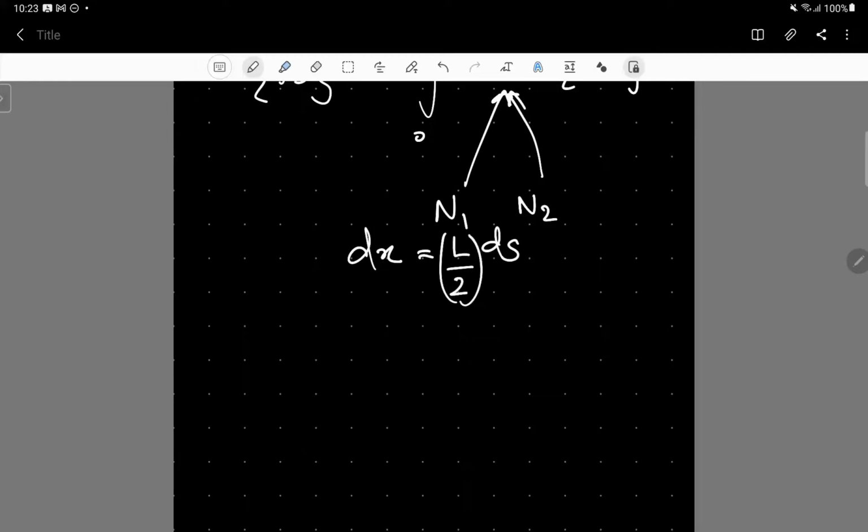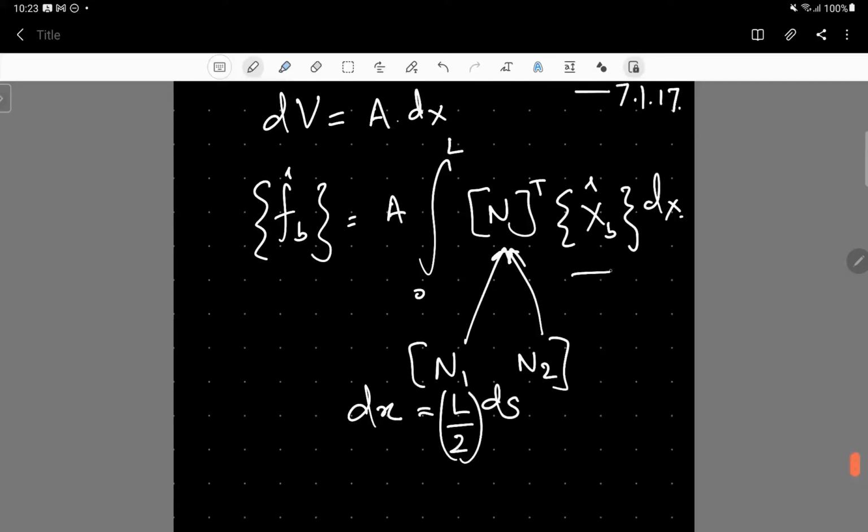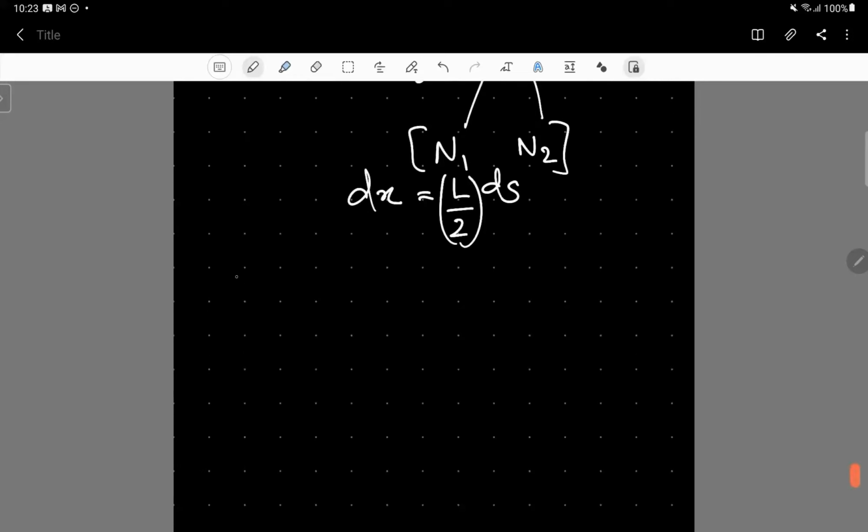Of course, dx is equal to L by 2 times ds. We can use this information and rewrite equation 7.1.18 by substituting these values and expressing the body forces. A, we have to evaluate the integral.